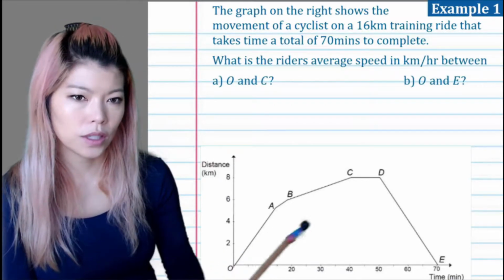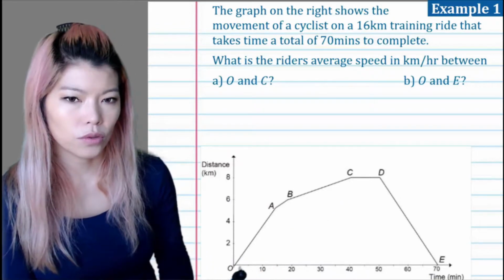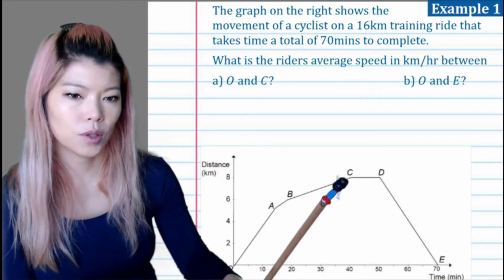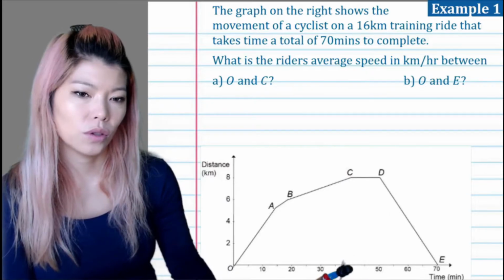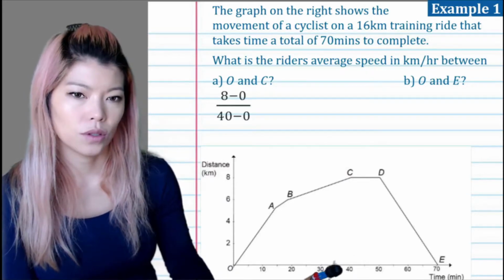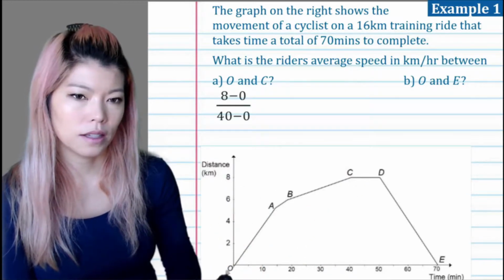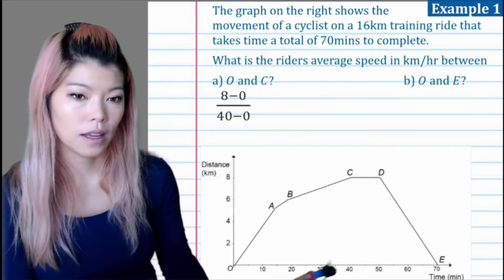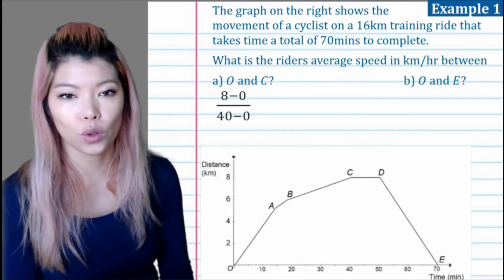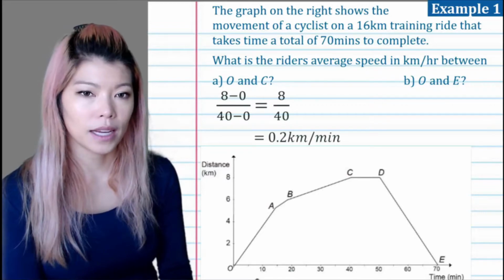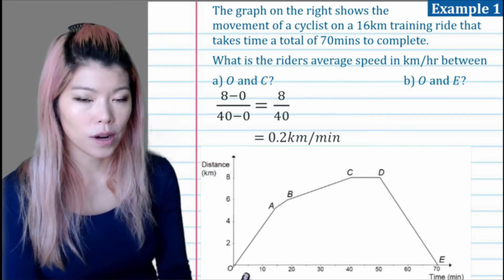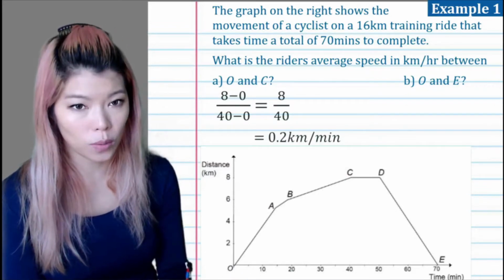So between O and C, we're going away up to 8. It took us 40 minutes. So we do 8 minus 0, so the y2 minus y1, and 40 minus 0 for x2 minus x1, and we obtain 8 over 40, or 1 over 5, or 0.2 kilometers per minute.